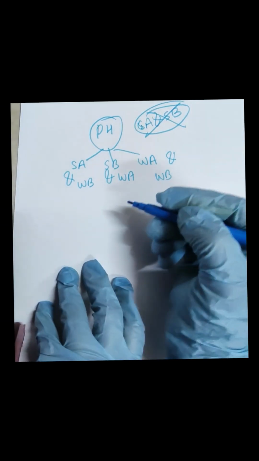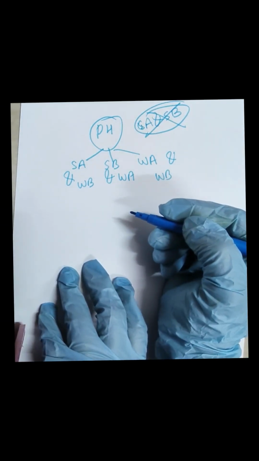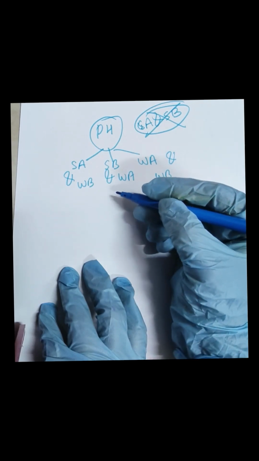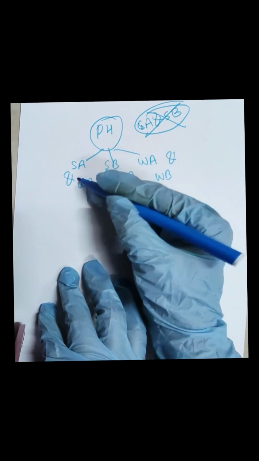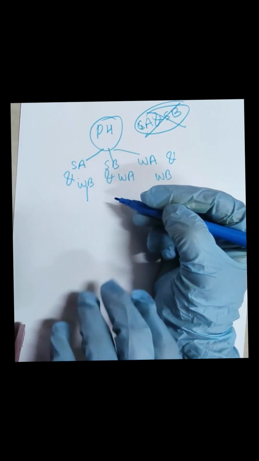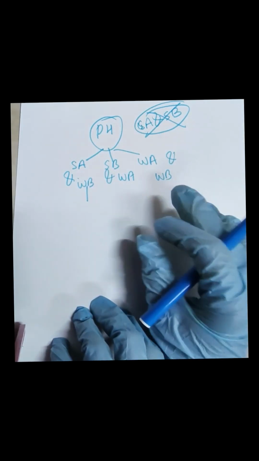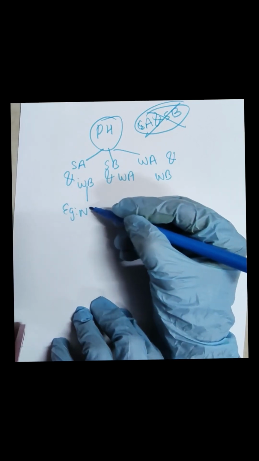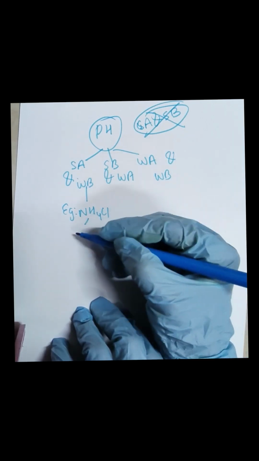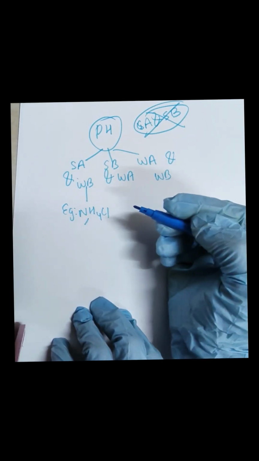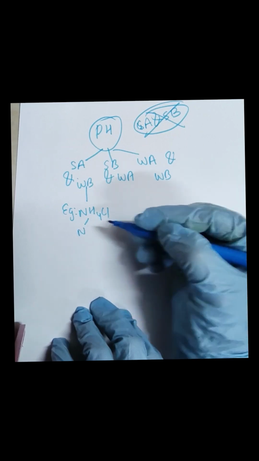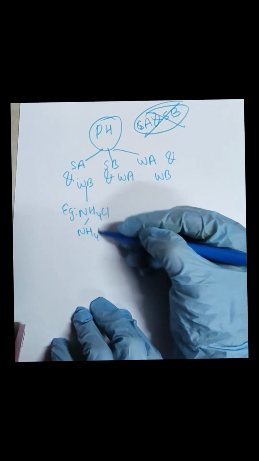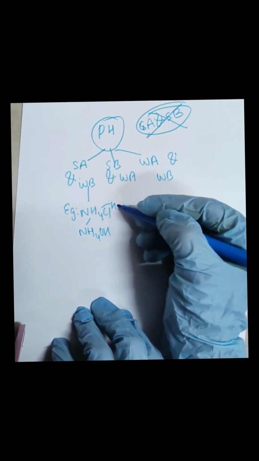First is strong acid and weak base. Strong acid and weak base. For this we can take example of NH4Cl because it's made up of strong NH4OH and HCl.